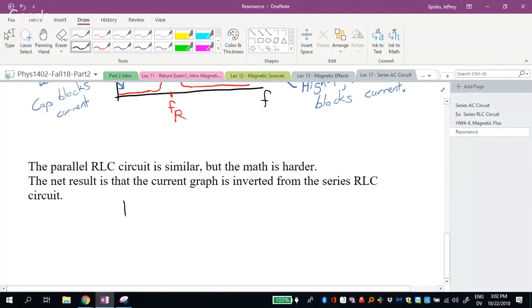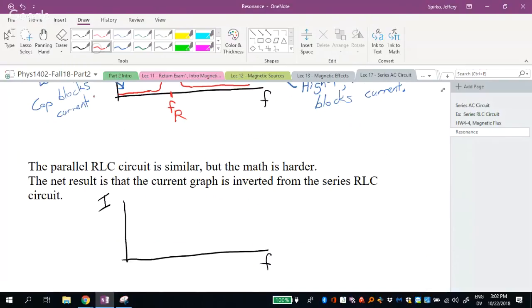So if I draw a graph of I versus F, I kind of need a baseline here. So this is I equals V over R.